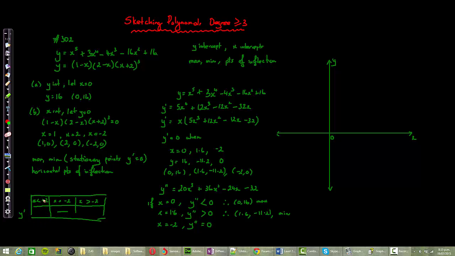Now I put negative 3 into the first derivative here, and it came out to be positive. I took an x value slightly greater than negative 2, such as negative 1, and I put that into this first derivative, and it also came out to be positive. So what we've got is positive gradient, flat, and then positive. Now this is therefore a horizontal point of inflection.